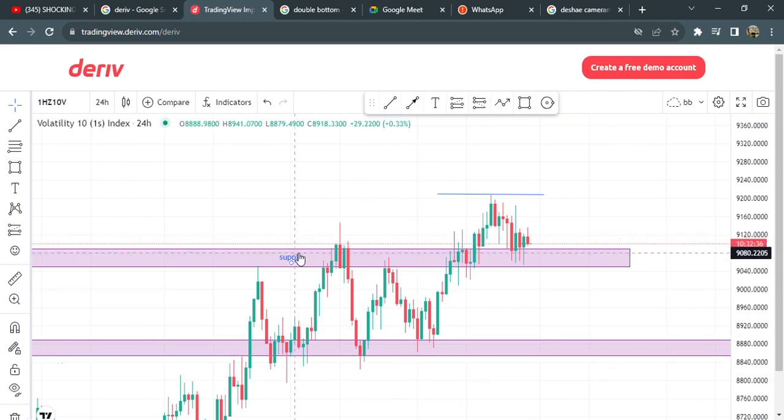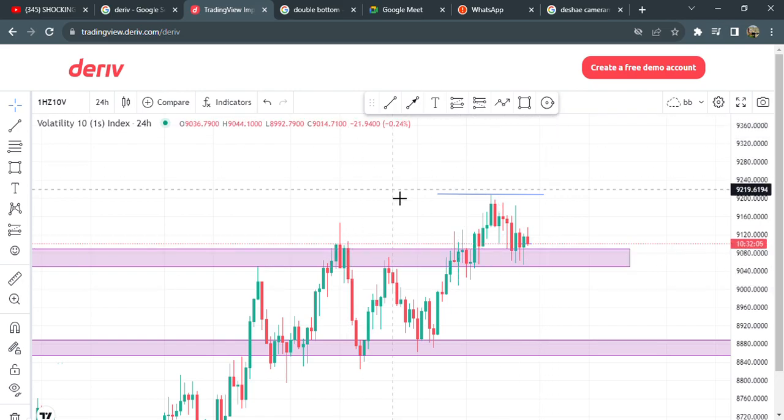So basically this is the supply zone and demand zone. Again, as I told you, always mark your areas from the points of interest, like here. There's an aggressive sell on the downside, the market went back again to the supply zone, and then went down, tested the demand zone and then went up again.